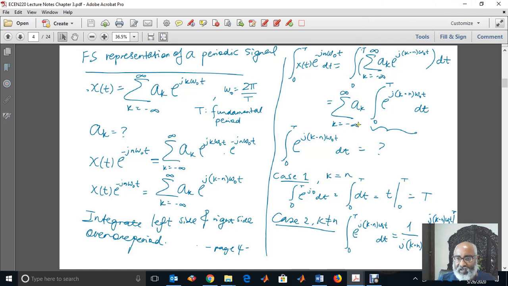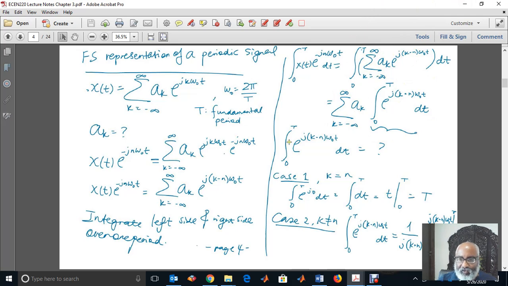The summation can go outside of the integration, so we rearrange this part: summation of k from minus infinity to infinity of ak, and the integration of this part from 0 to T.